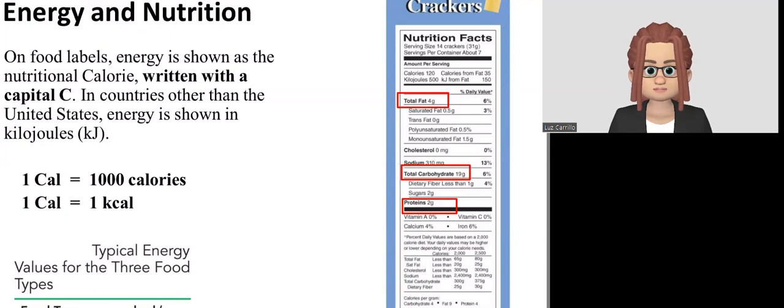The only thing that is utilized in order to calculate the value that you see here of 120 calories is the amount of overall fat, overall carbohydrates, and lastly, overall protein.